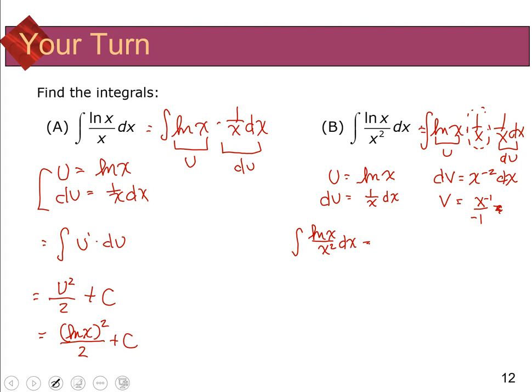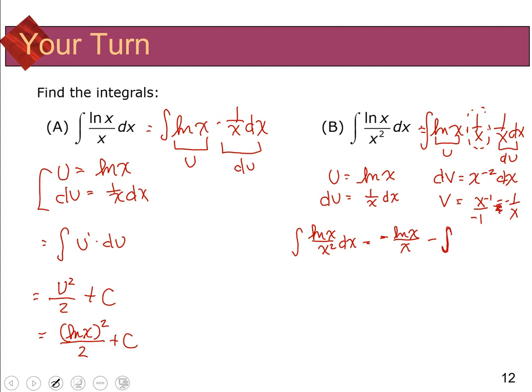So u times v is going to be negative natural log of x over x minus the integral of v du.